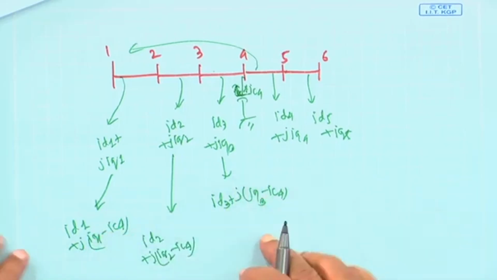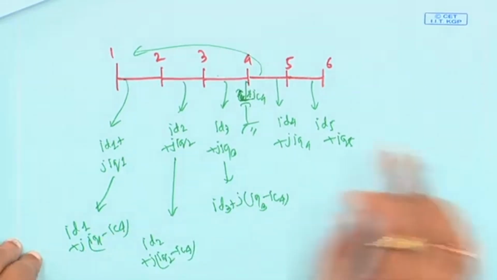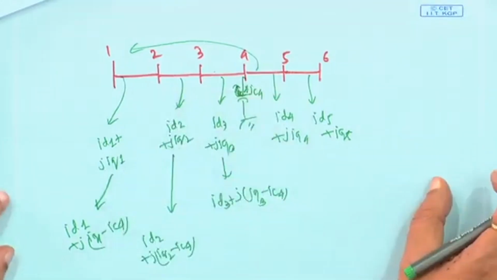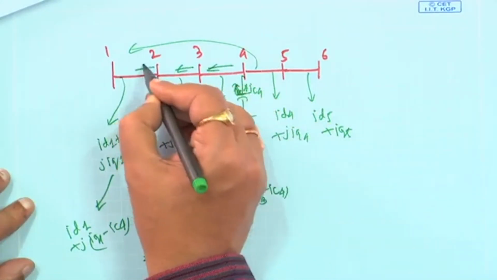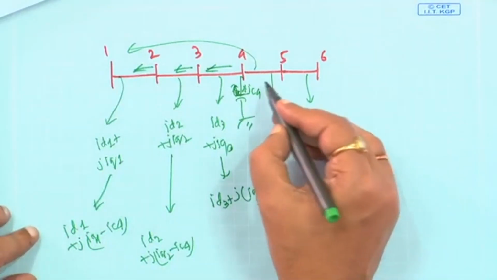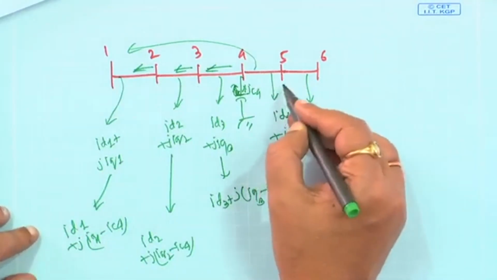This will be the trend. If IC4 is 0, it remains as it is. That means this IC current flows toward the source, but on this side there is no effect of the capacitor.